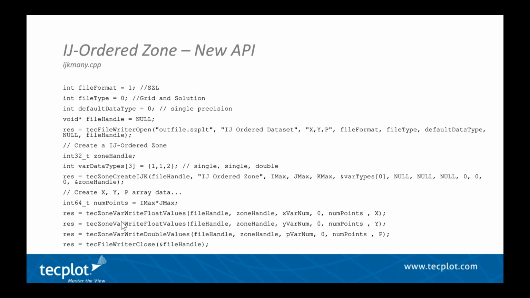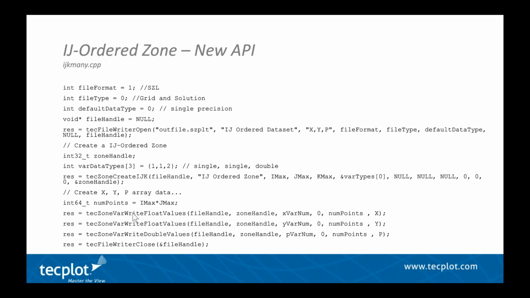Okay, and then we're going to finally write the data to the file, or to the zone rather. So we pass the file handle, which zone we're writing to. And in this case, we're actually passing, like I indicated before, the variable numbers. So I can make these calls out of order if I wanted to, because I'm actually passing a variable number here.